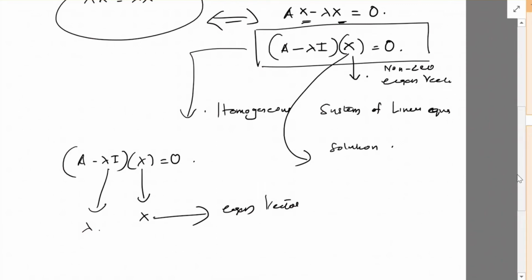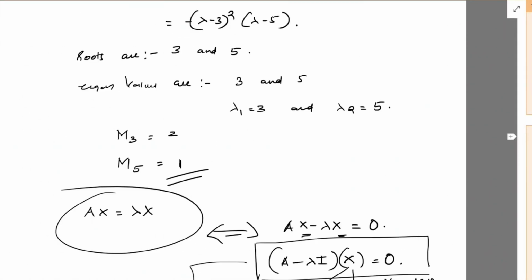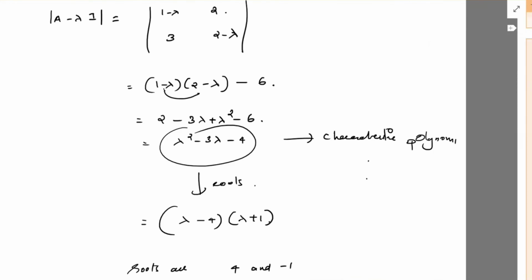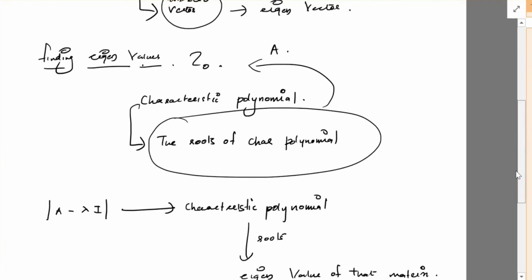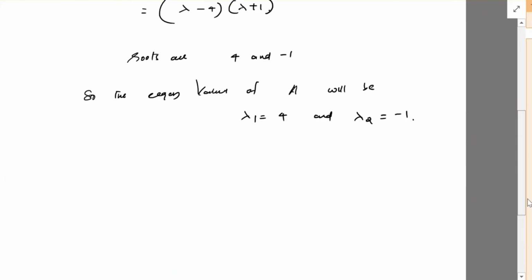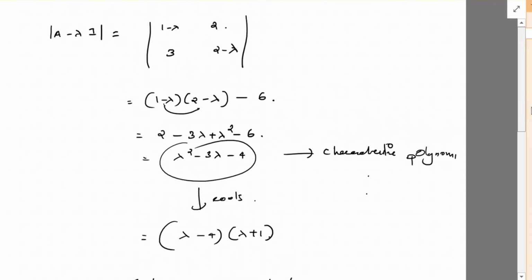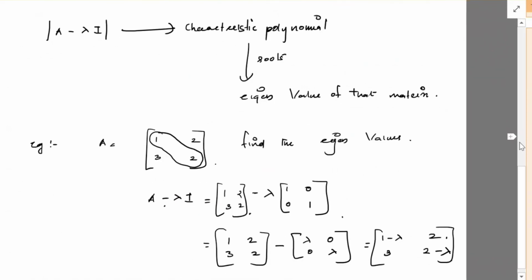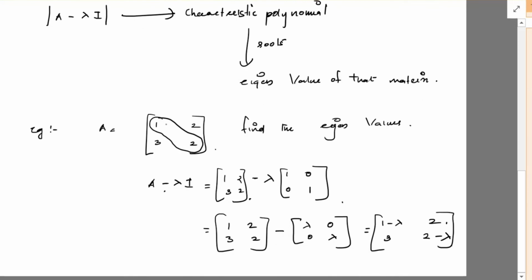For example, consider a 2 by 2 matrix. Take an example that we have already done. A is equal to 1 2 3 2.